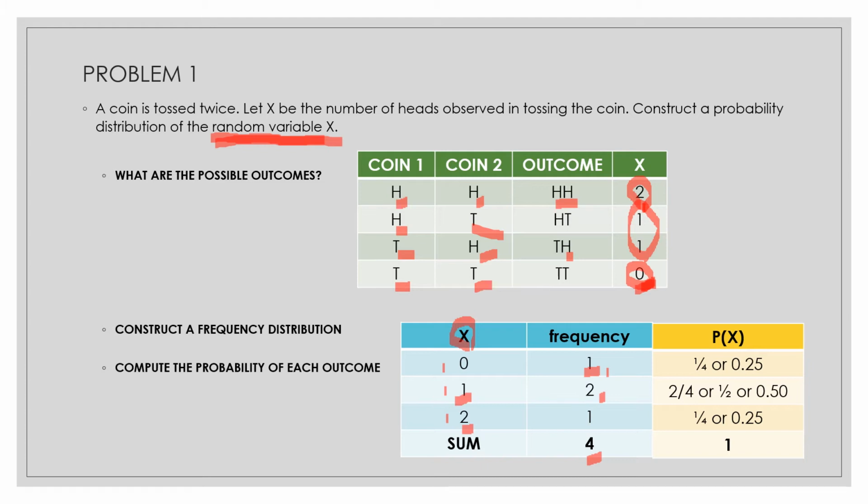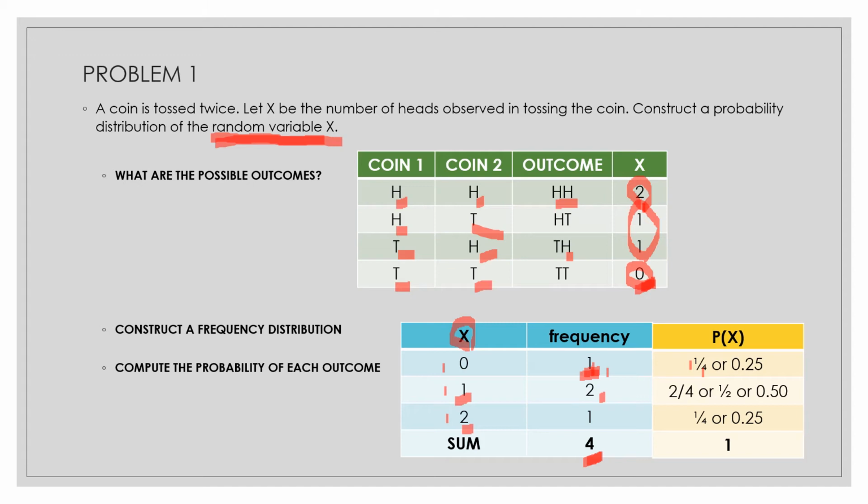Saan nanggaling yon? Our frequency is 1 for 0. So 1, kaya yung numerator natin ay 1. Ang ating sum ay 4. Kaya yung denominator natin dito ay 4. So that is 1 over the sum, which is 4, which is also equal to 0.25 if you prefer the decimal form.